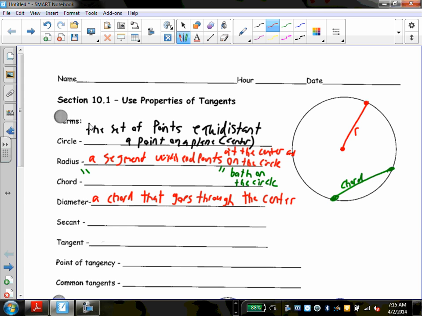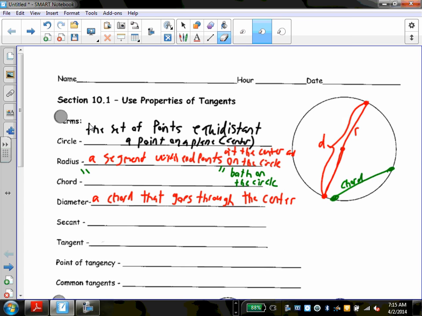So what I could even do is I could take the radius that we started and then put an endpoint at the other side of it, and then connect that. This whole length then, all of this put together, would be a diameter. Which does mean that diameters are basically two radii put together, which means that the diameter is twice as long as the radius. So that is good to know.